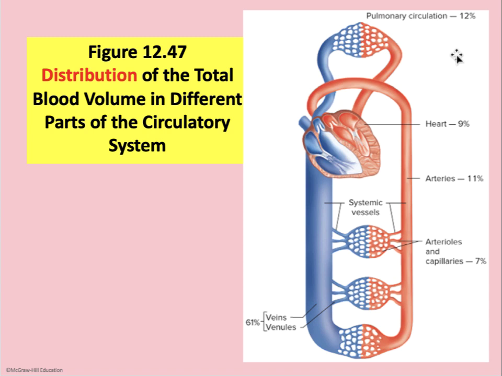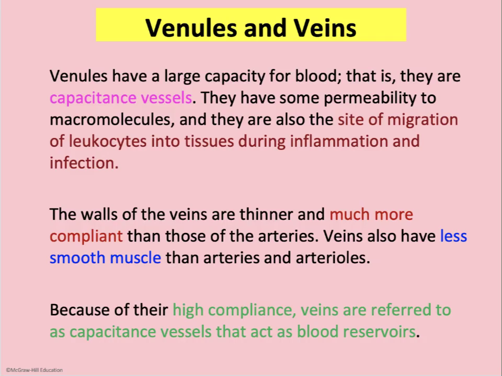The values on this slide simply indicate that 60% of the blood volume is present in veins, the low pressure side of the circulation. Talking about veins, let's now concentrate on veins and venules. The thing they share in common is that their walls are in general thinner than corresponding arteries.